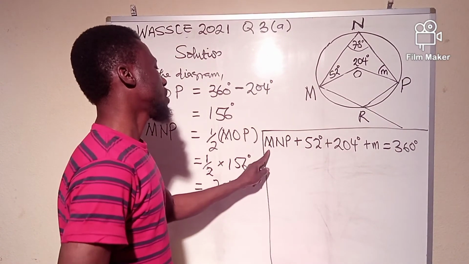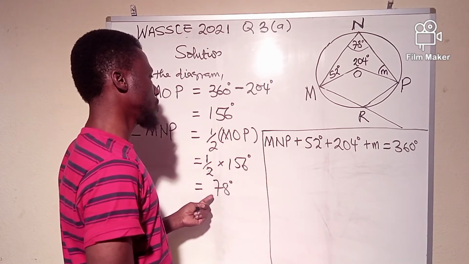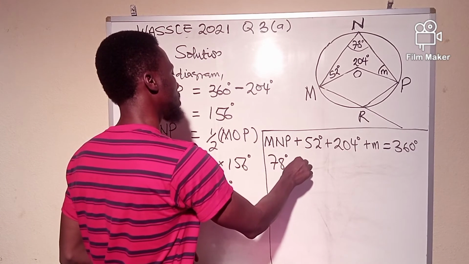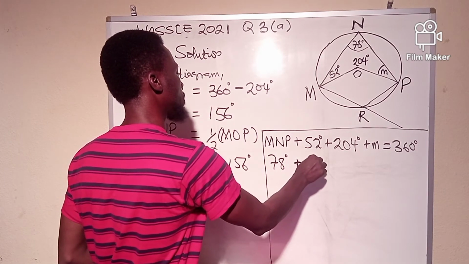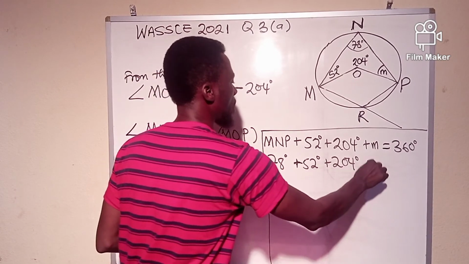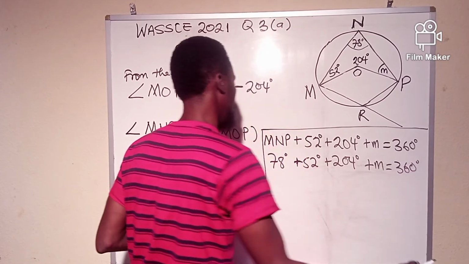All right. Now let's substitute. What is the value of MNP? MNP is equal to 78 degrees. So we shall have 78 degrees plus 52 degrees plus 204 degrees plus M is equal to 360 degrees.